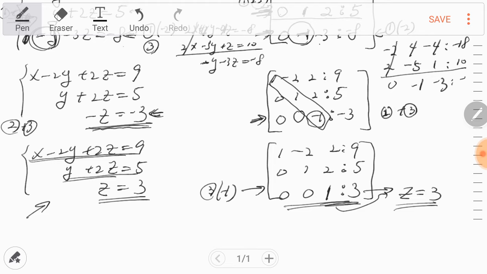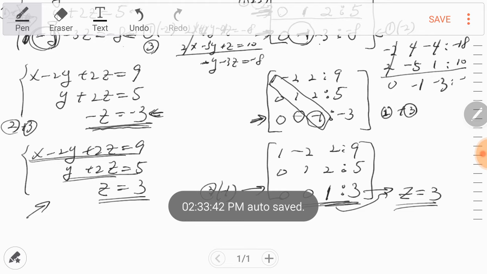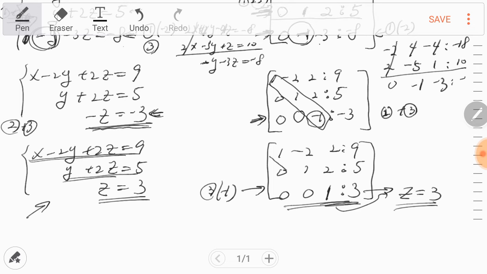Okay, so we just rewrote the matrix in row echelon form because the diagonal is all 1 and the left side of this diagonal is all zeros. And for the system, the diagonal is x, y, z, and left of this x, y, z has nothing.